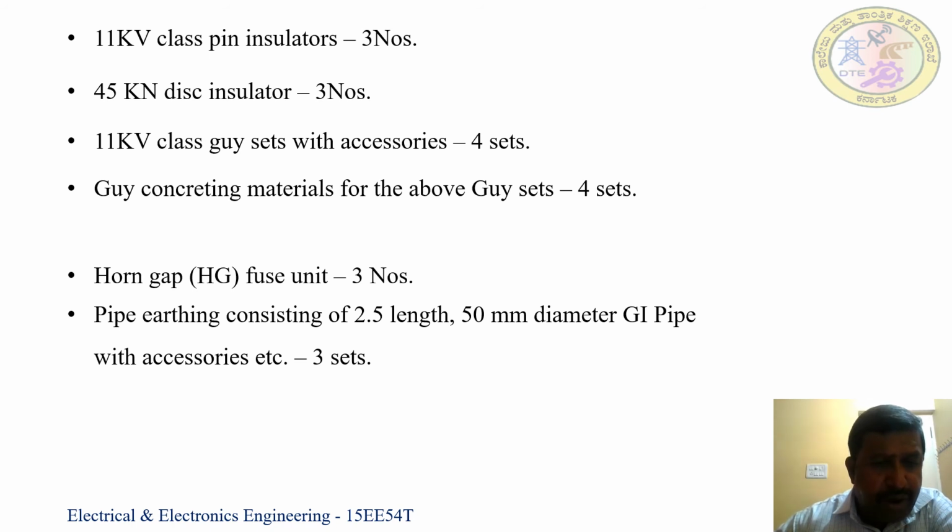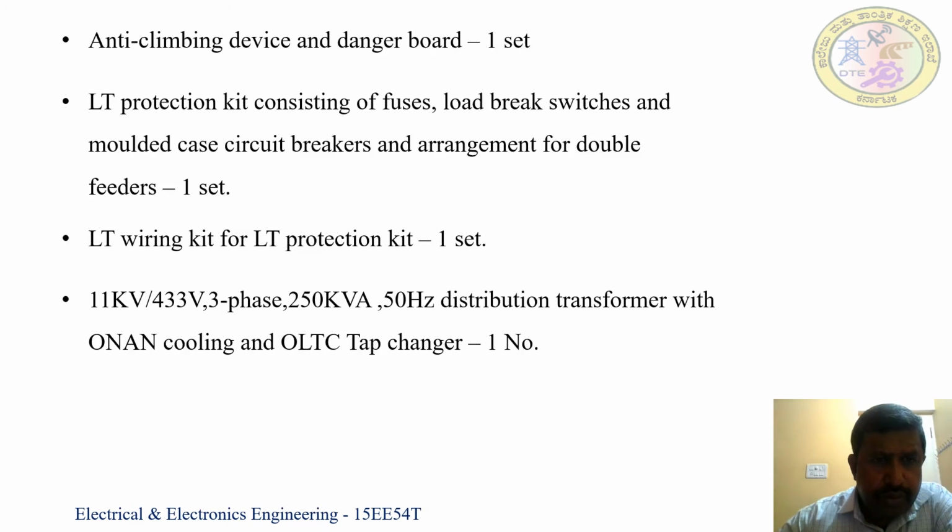Next, the pipe earthing consisting of 2.5 meter length, 50 diameter GI pipe with other accessories. Total quantity 3 sets. Next, we'll move on to the material, anti-climbing device and the danger board, each one set. Next material, LT protection kit consisting of fuses, load break switches and molded case circuit breakers and arrangement for double feeders.